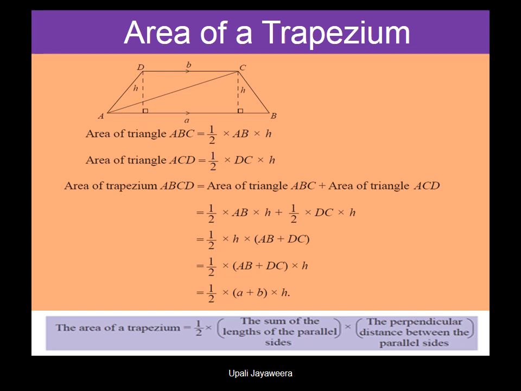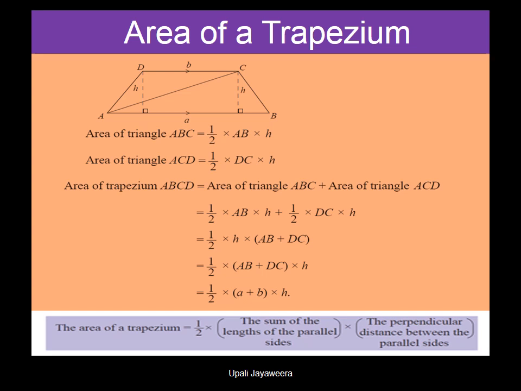Similarly, area of the triangle ACD equals half into DC into h. Then you can find the area of the trapezium by adding the area of the two triangles. It is equal to half into AB into h plus half into DC into h. Then you can take the factor half h out. Then it is equal to half into h into (AB plus DC).